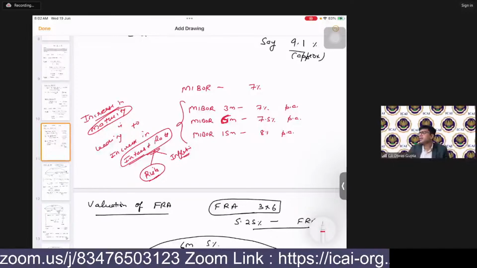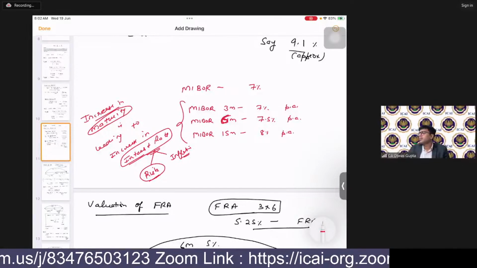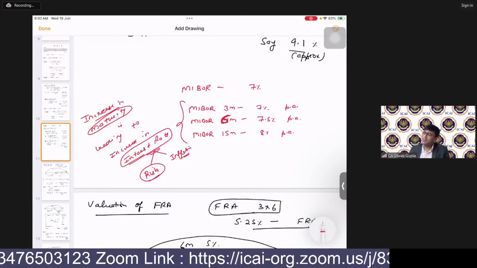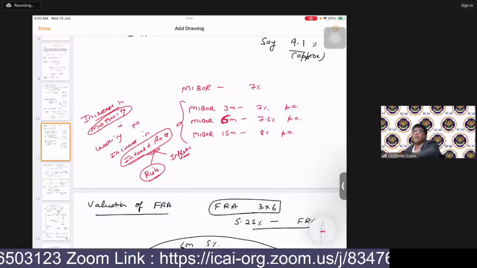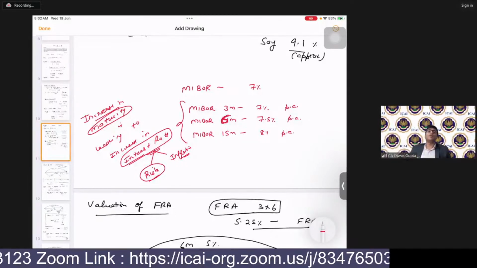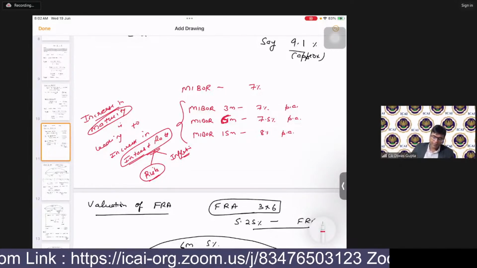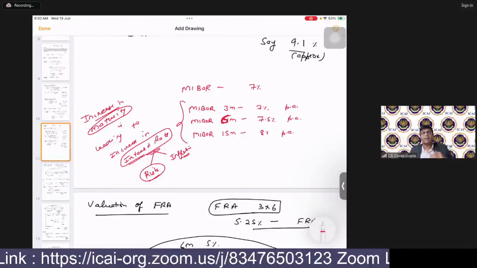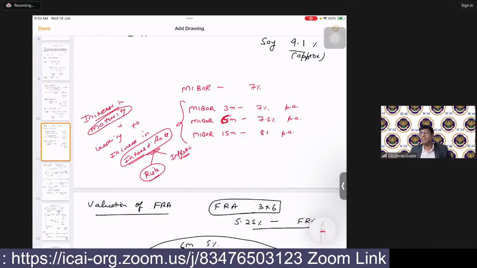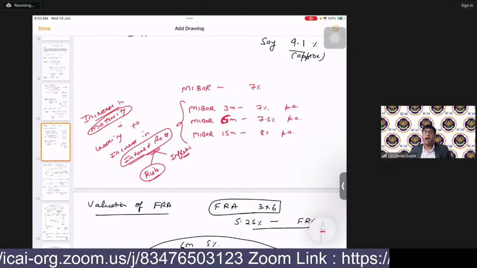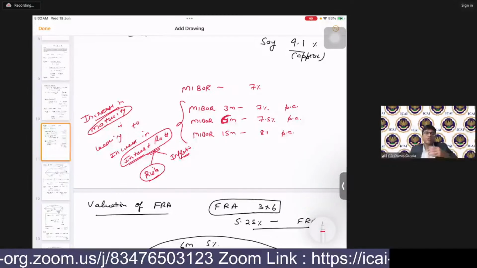Manish is saying bank can lend for higher period. Yes, that is okay. Bank can lend for any period you want. Today you want to go for a home loan, they will ask you what maturity you want. The question I'm asking is why higher maturity periods have higher rate of interest, whether it is borrowing or lending.